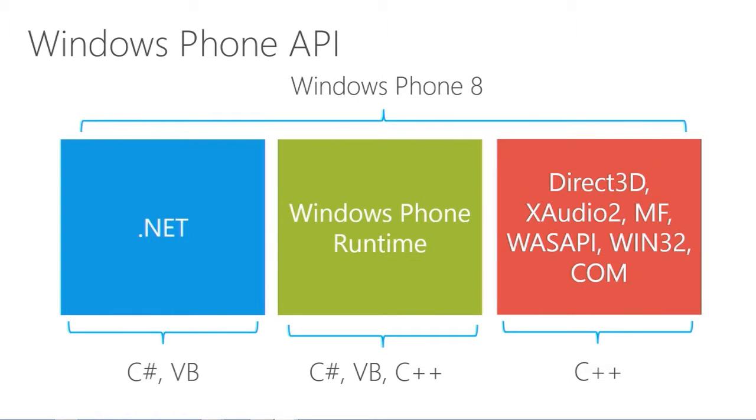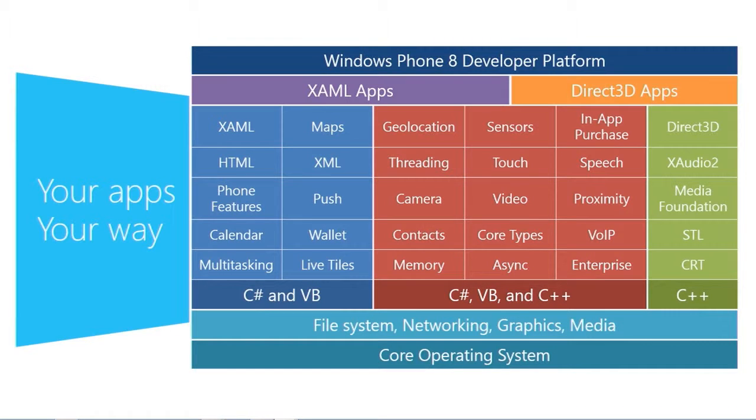And finally, especially if you need to talk directly to the metal, things like Direct3D, XAudio, all of that good stuff, you can do that, but you would do that with C++. What we're going to focus on today is really the C#.